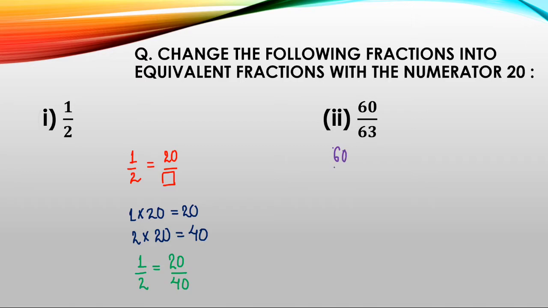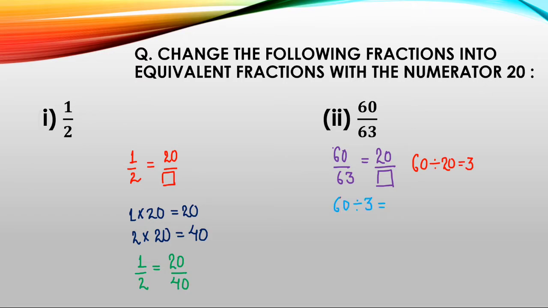The next fraction is 60/63. It is equal to 20 upon dash. In this question, we have to convert a bigger number 60 into a smaller number 20. So, we have to divide 60 by a number to get 20. As we know, 60 divided by 20 is equal to 3. That means we have to divide 60 by 3 to get 20.